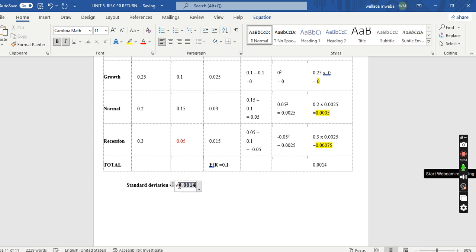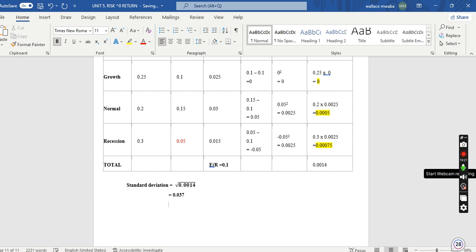Colleagues, square root of 0.0014, let's see. 0.037. So the standard deviation is like 3.7%.